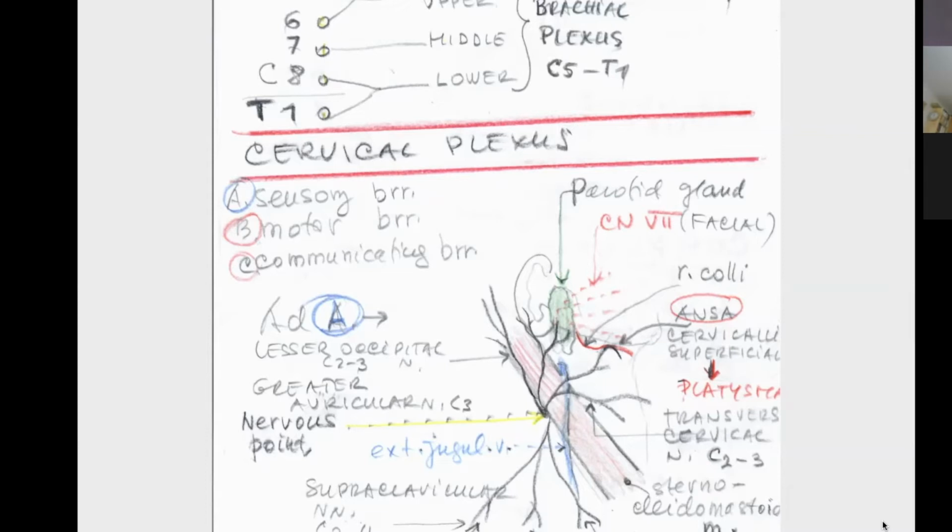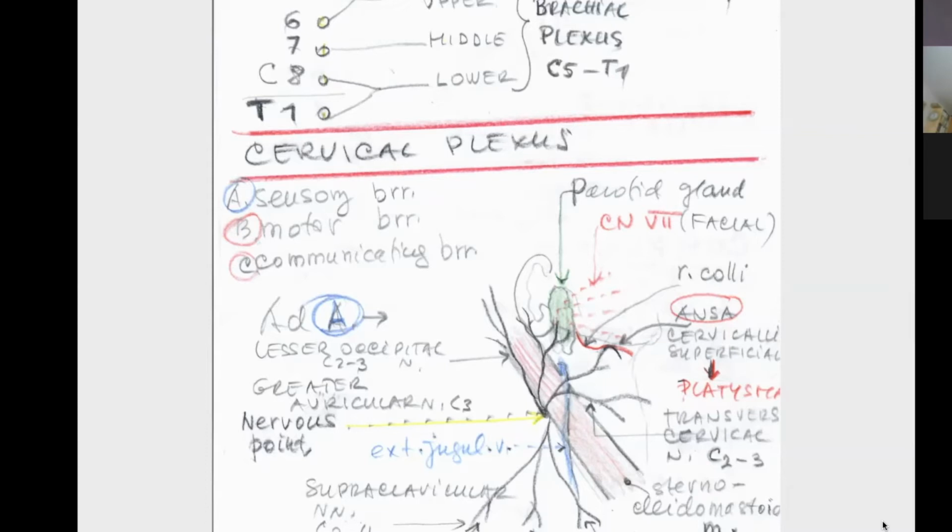Ansa means the loop. So ansa is encircled by red. So we can say the first communicating branch is ansa cervicalis. On the surface, the superficialis, it innervates, as you see, with a red and black arrow, the platysma muscle, the same innervation as the muscles of the facial expression on the face.